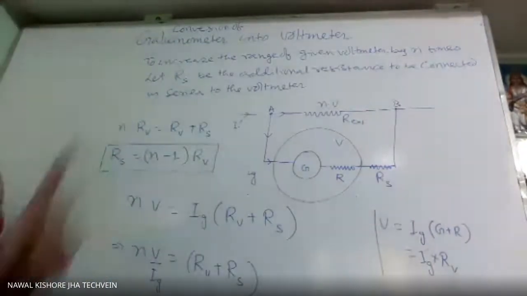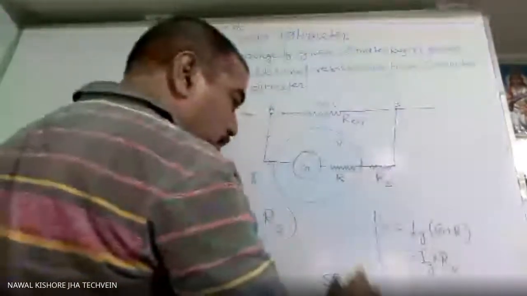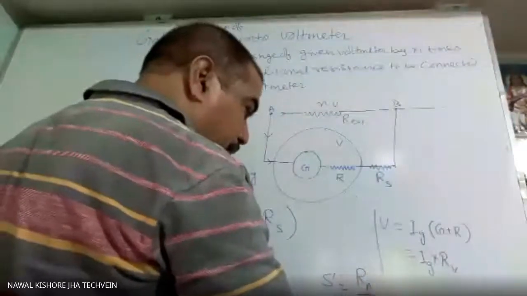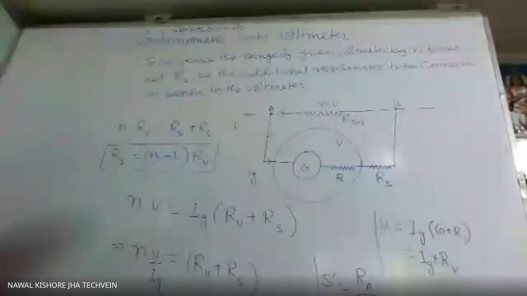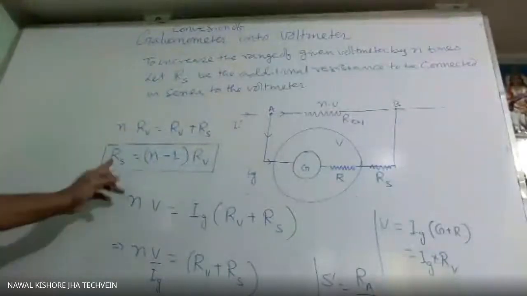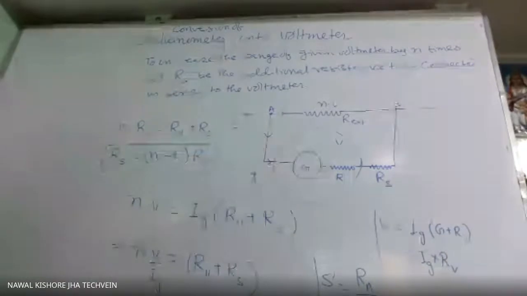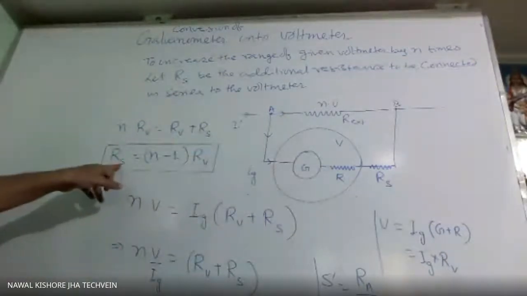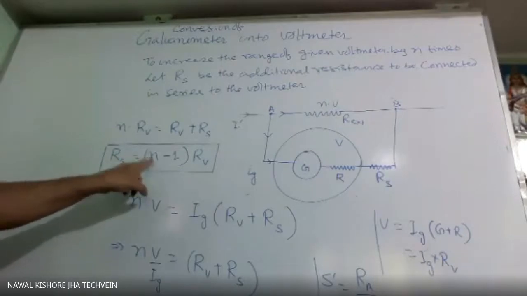In the formula for the galvanometer, the additional shunt was the resistance of the ammeter divided by n minus 1. And here it is the resistance of the additional resistance which is in series. That's why the name RS is written. This is to be connected in series. That will be n minus 1.